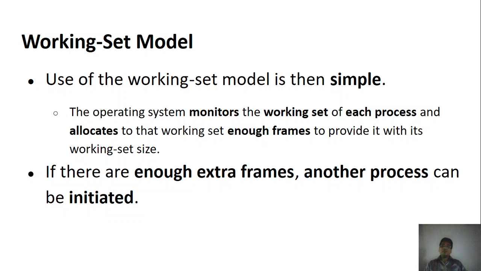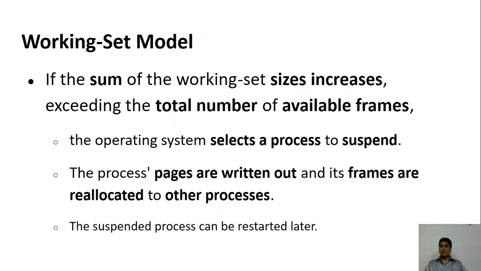If there are not enough frames to accommodate the working set size, it will remove a process and initiate it later. If the leftover memory is more, then it can start another process.